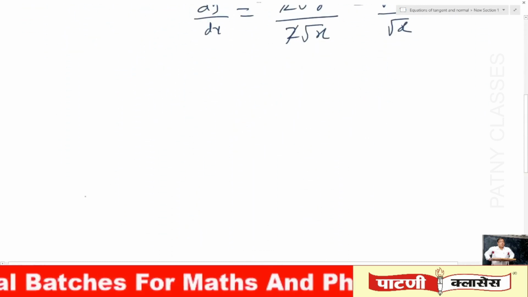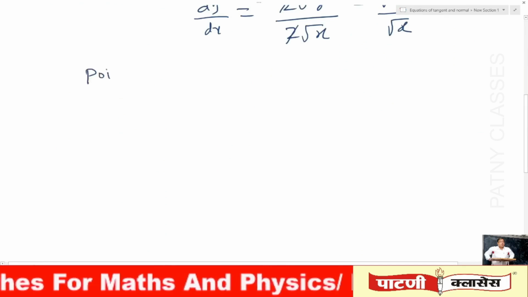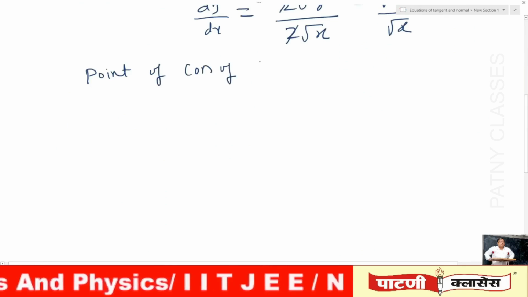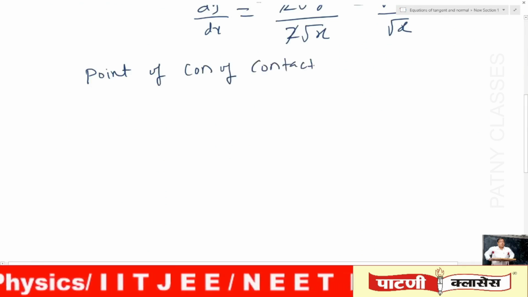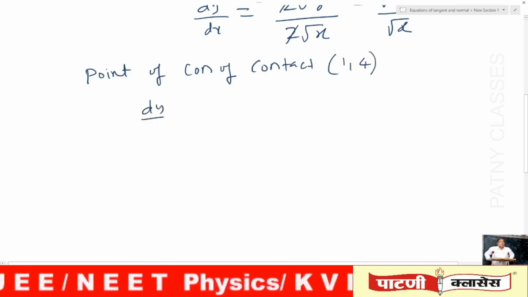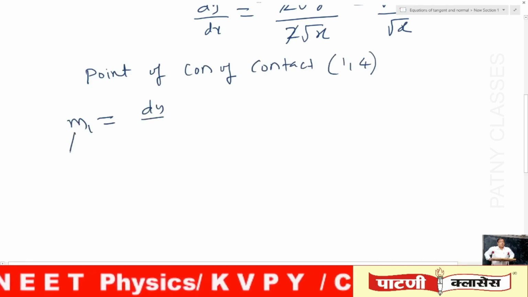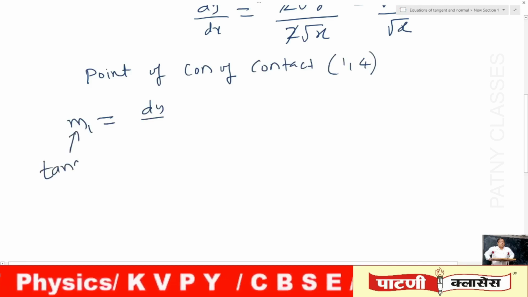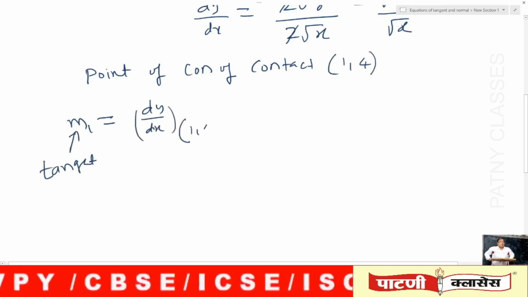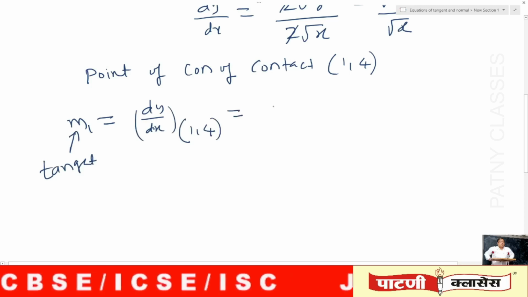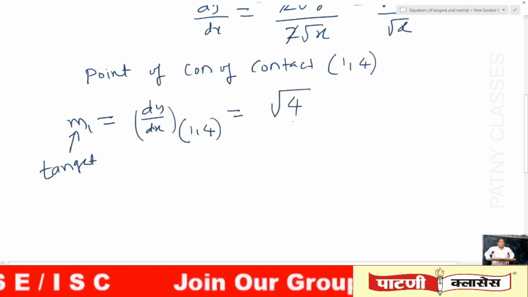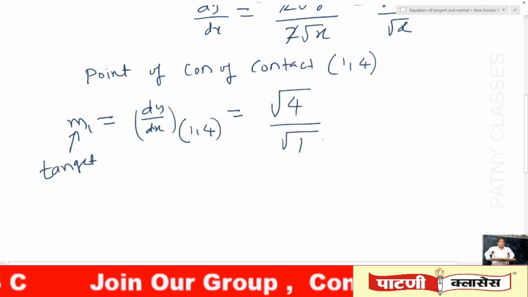So the point of contact is given as 1 comma 4. So dy by dx, that is m1, the slope of tangent, at 1 comma 4 equals, in place of y I am putting 4 and in place of x I am putting 1.